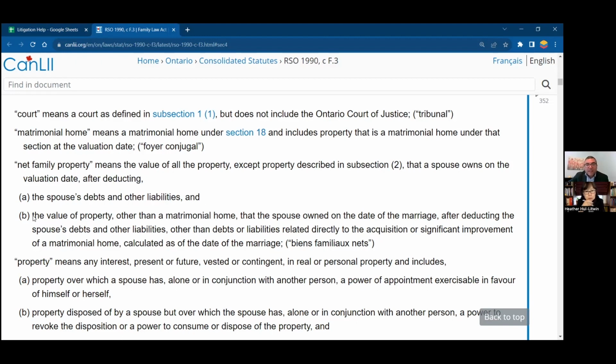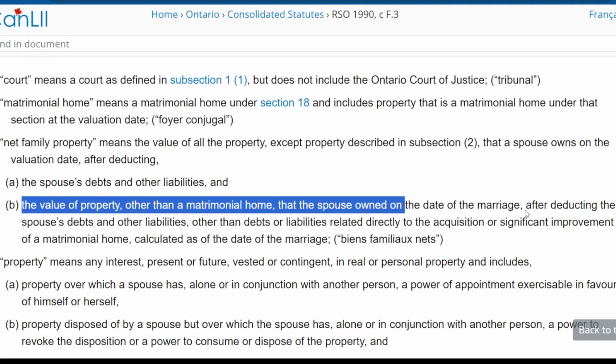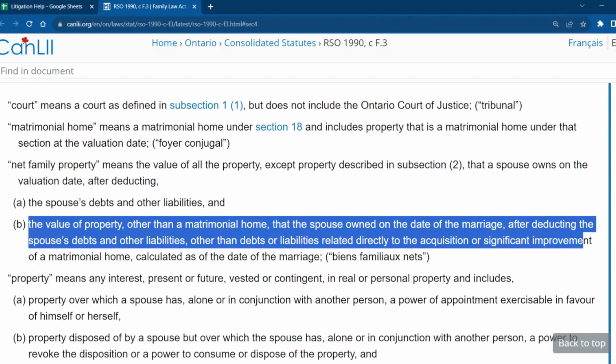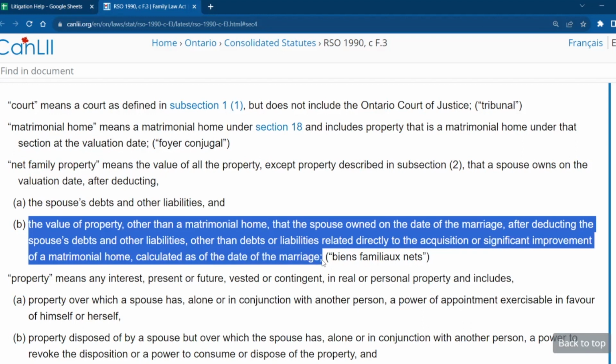And the value of property other than a matrimonial home, which we will discuss, that the spouse owned on the date of marriage after deducting the spouse's debts and other liabilities other than the debts and liabilities related directly to the acquisition or significant improvement of the matrimonial home calculated as of the date of marriage. Wow. Okay, well, there you go. This is my job because it's actually a little bit redundant. But there seems to be two takeaways from what I just read to you.